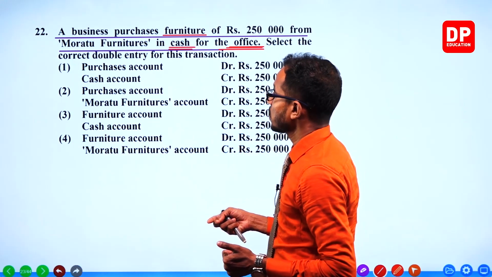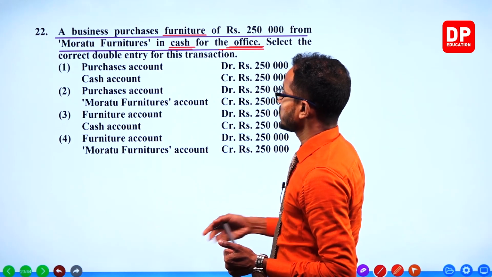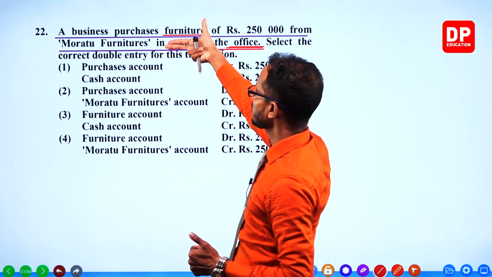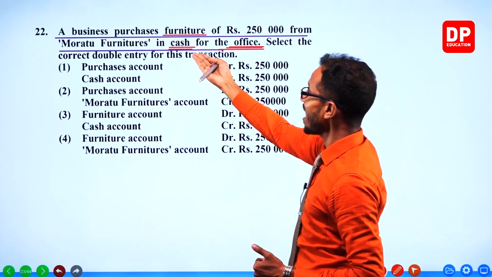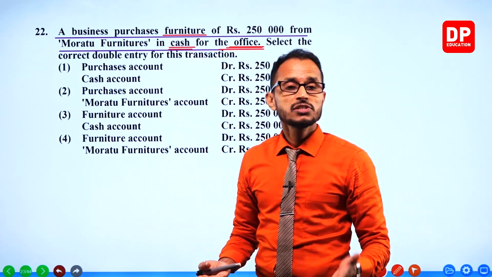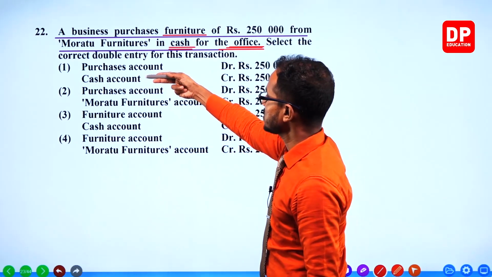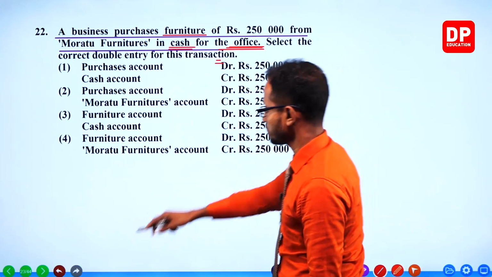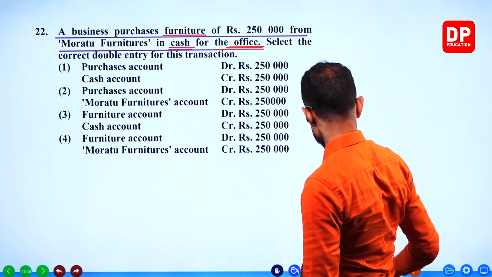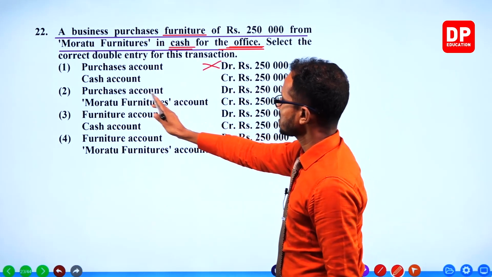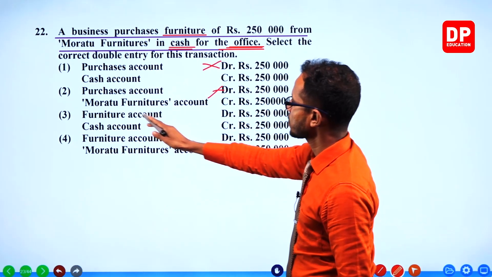So this goes to the furniture account because it's a purchase of a non-current asset. And it's for cash. The cash goes down. Cash credit. Purchases account debit, wrong.